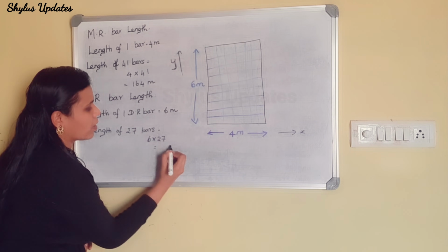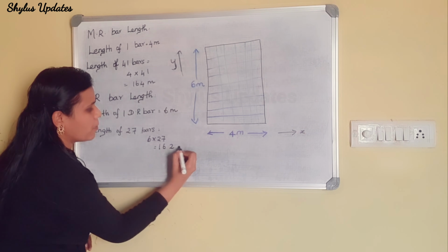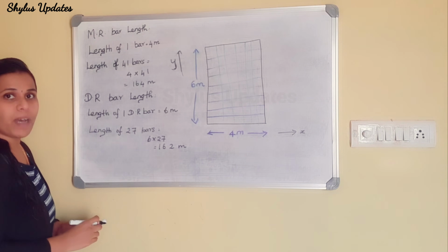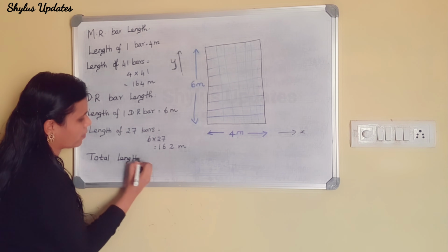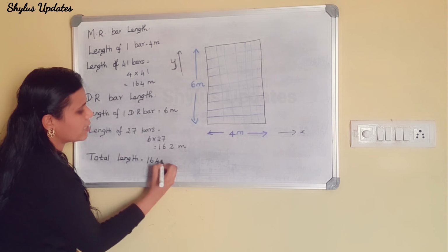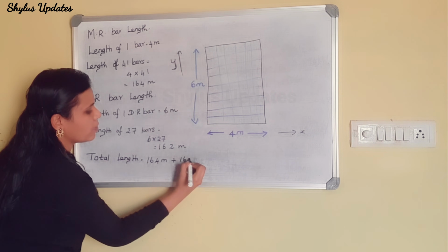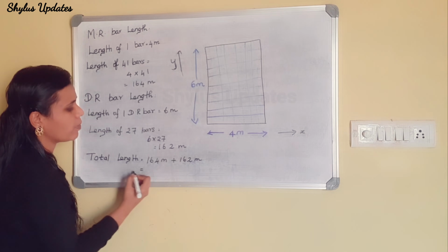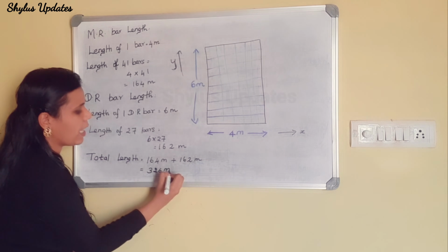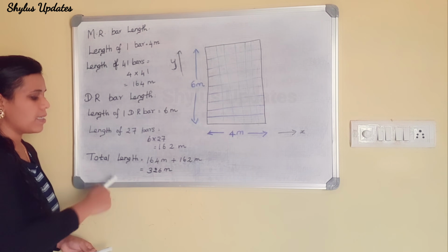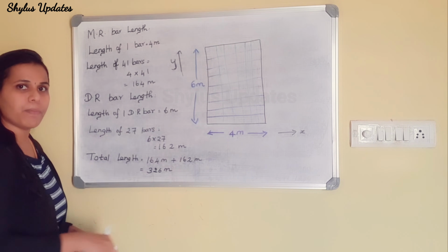We will get 162 meter. Total length of bar is equal to 164 meter plus 162 meter, which is equal to 326 meter. This is the total length of reinforcement bars.